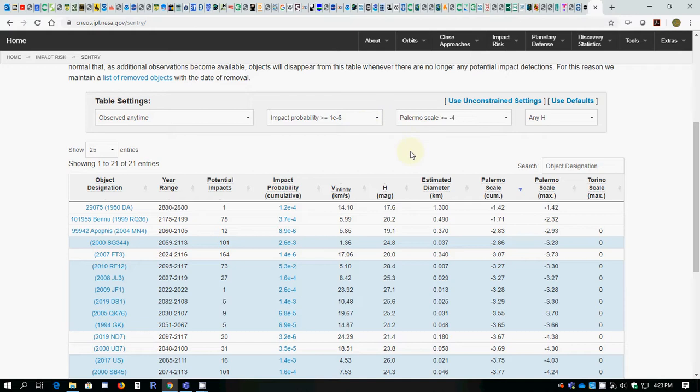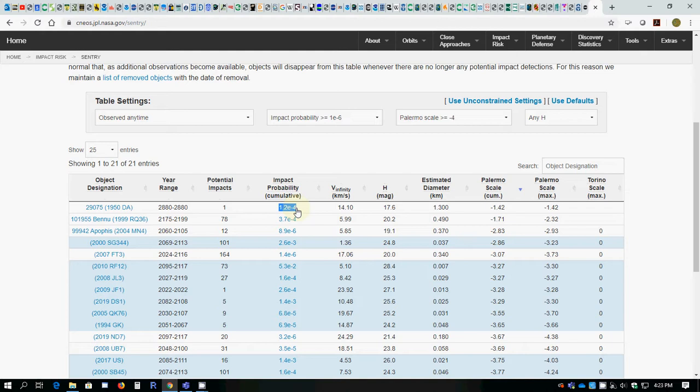Just to answer one particular question, what's the most dangerous object that's out there right now? And it's the notorious 29075 1950 DA, which is looking to pass by the Earth in the year 2880, which is still quite a while in the future. It is, however, an enormous object of close to a mile in size, and it does have a 1 in, that e to the -4 is a 10,000th.